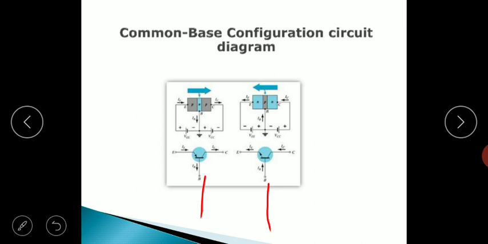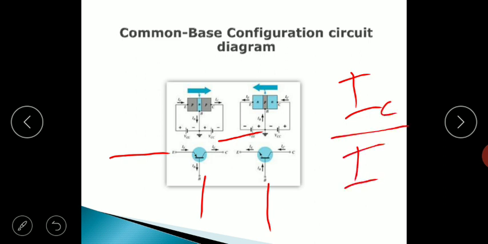So here the input current will be the emitter current, output current will be the collector current, hence the current gain for common base configuration, we can write as output current, that is IC, by input current, that is IE, and this is denoted by alpha of the transistor.